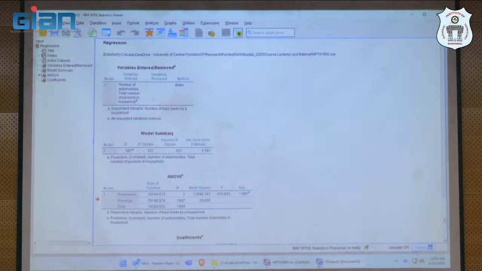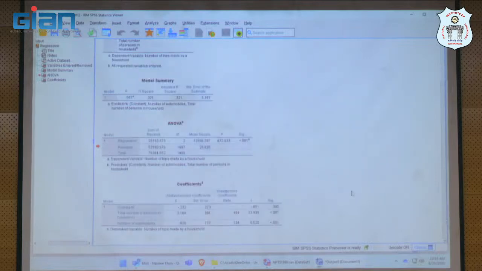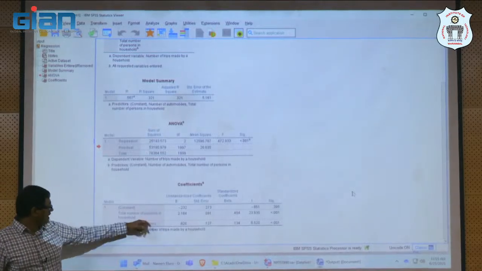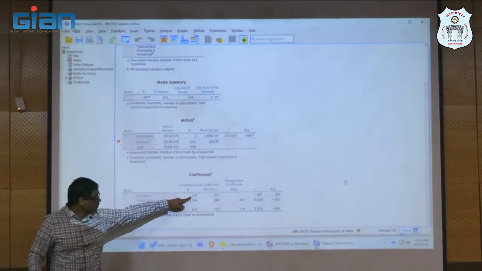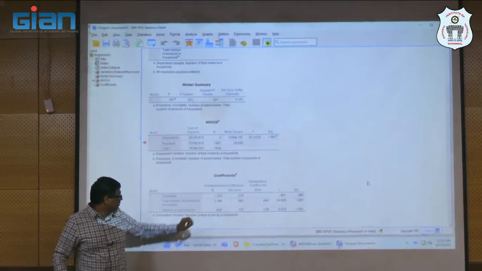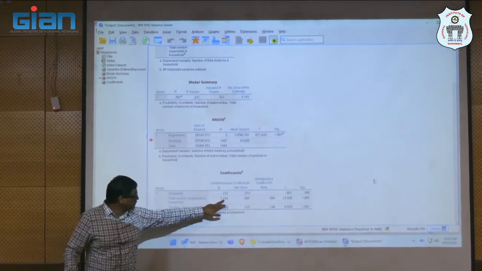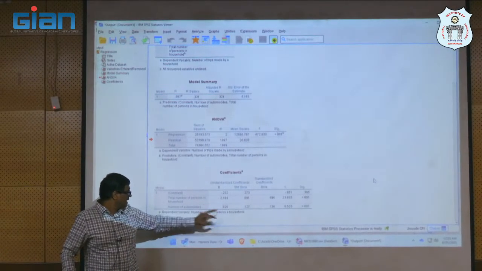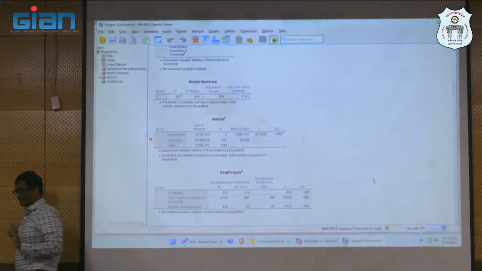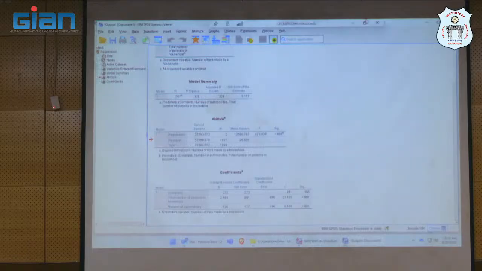I'll keep showing you this again, but we'll get back. Here is where the coefficients are printed. You get a value for the constant which is minus 0.232. Number of persons in the household has a coefficient of 2.184, and number of automobiles is 0.826. In terms of interpretation, as the number of people increases, what should happen to the number of trips?